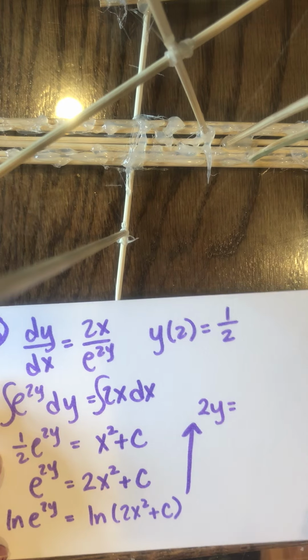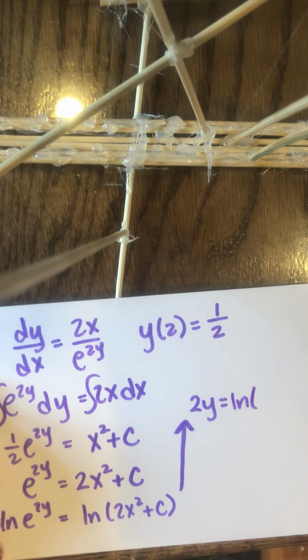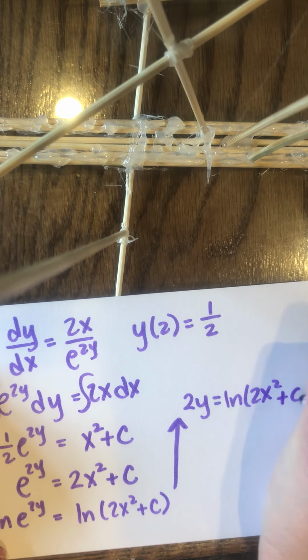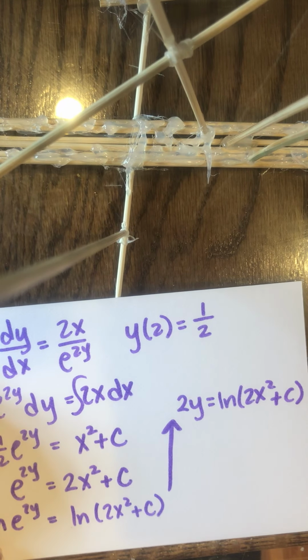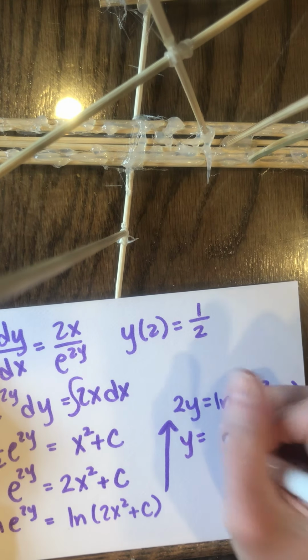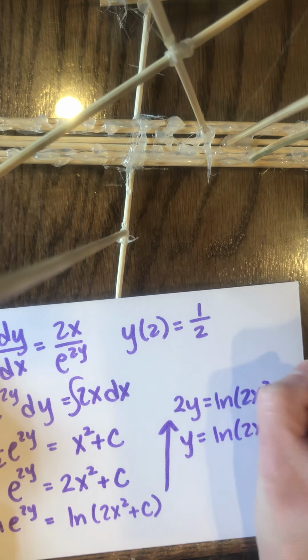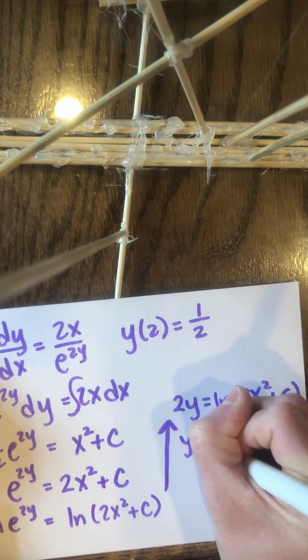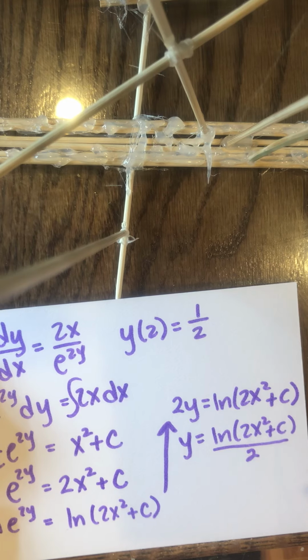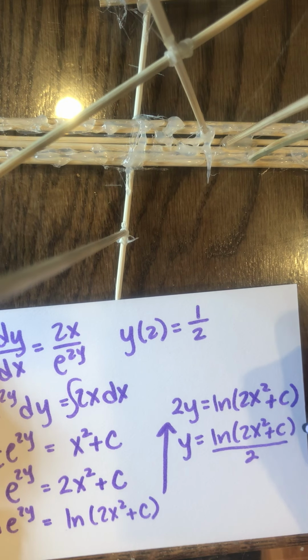So I know 2y equals the natural logarithm of 2x squared plus c. Then I am going to divide each side by 2. So y equals the natural logarithm of 2x squared plus c, divided by 2. Now this, my friends, is the general solution.